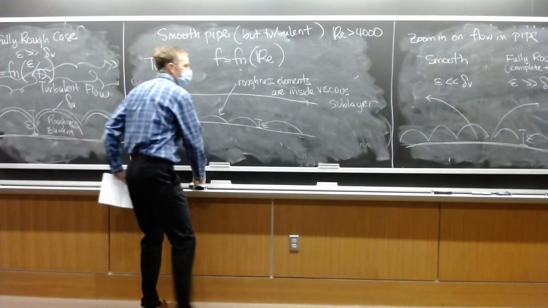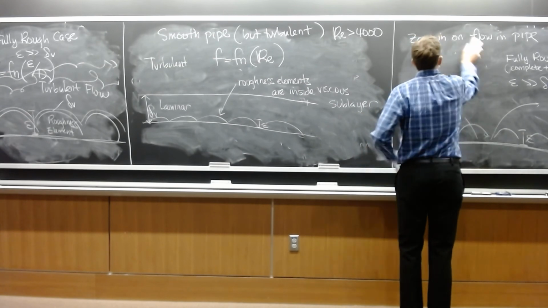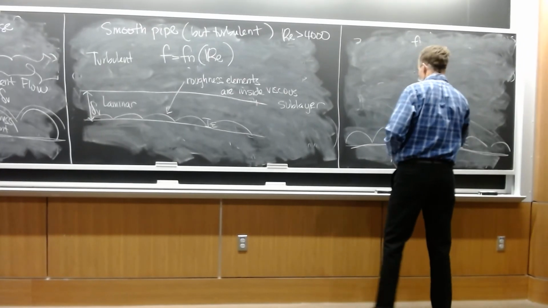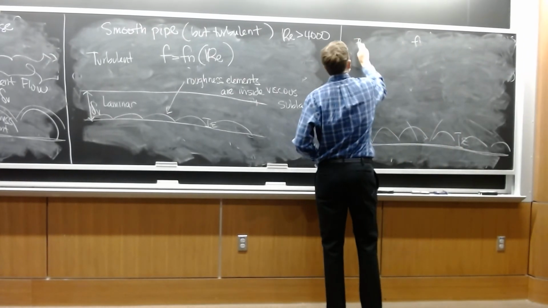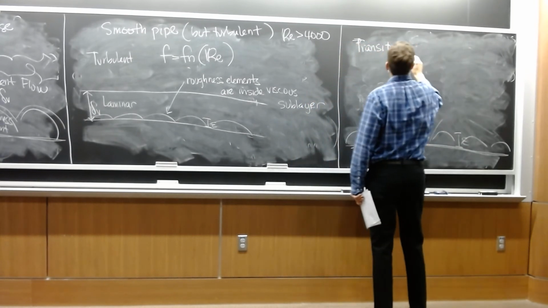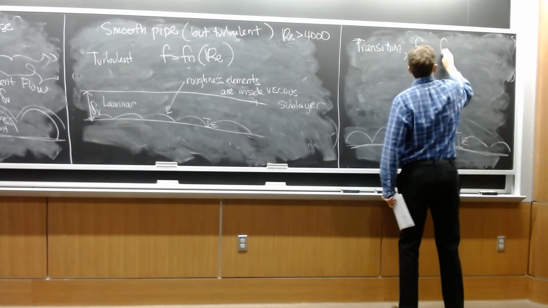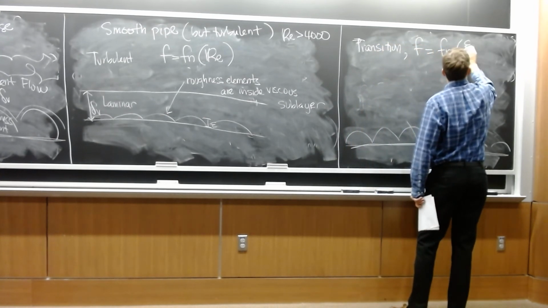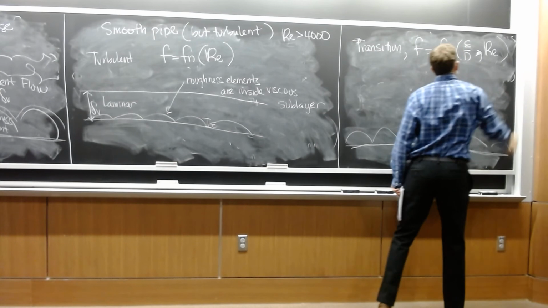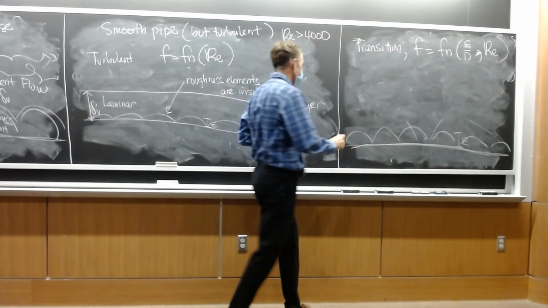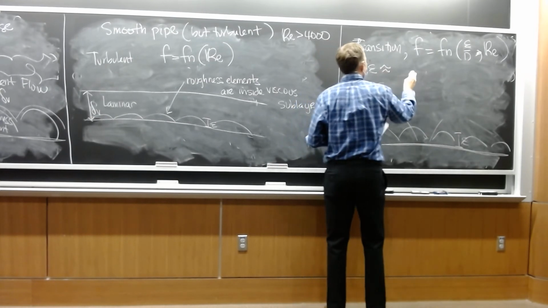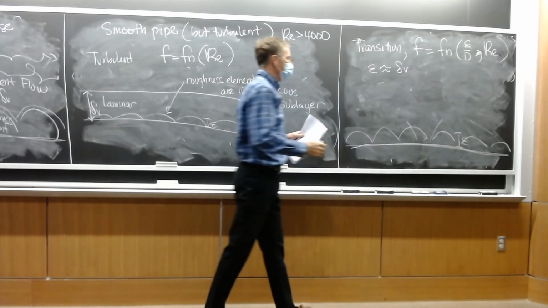And then the transition is when both things matter, both the Reynolds number and the relative roughness matter, and that's where the two length scales are approximately equal to one another.